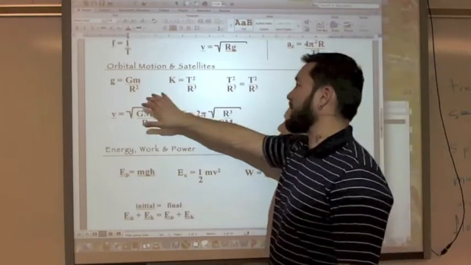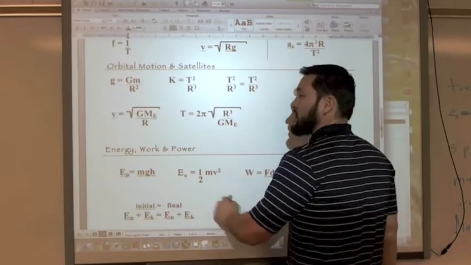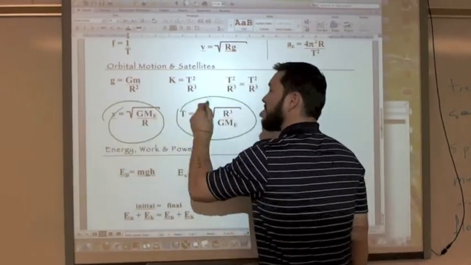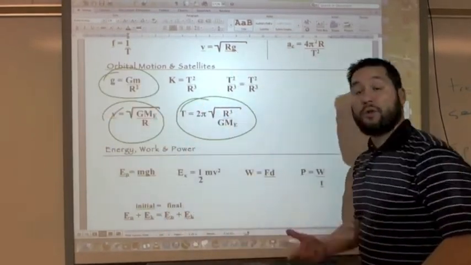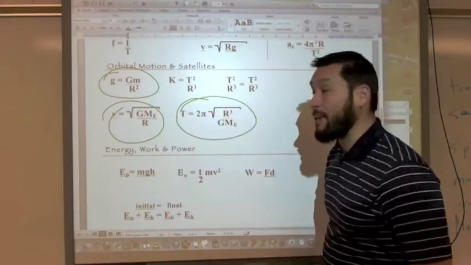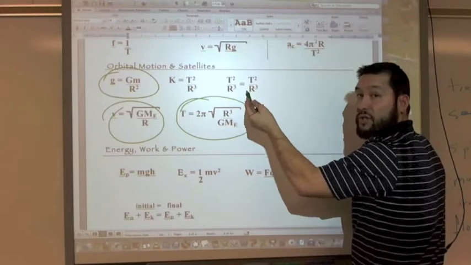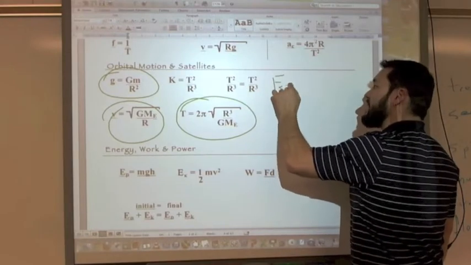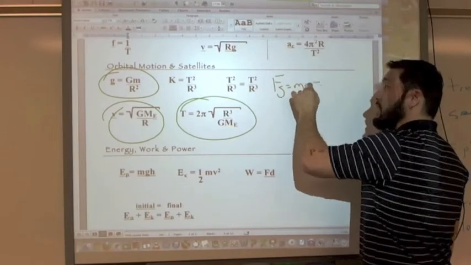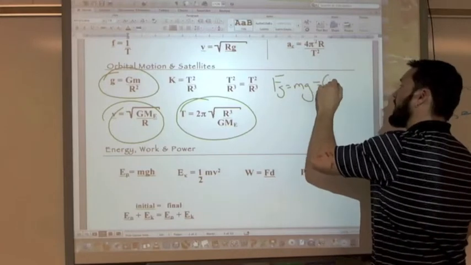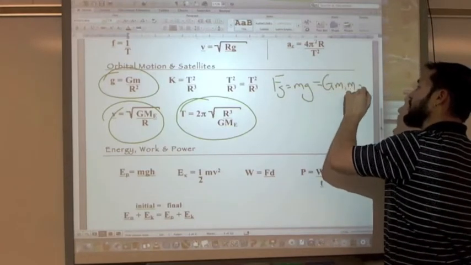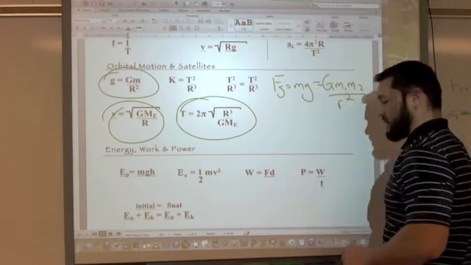If we look at the equations that we're going to work with, which is here, here, and here, those three equations are derived from other ones. So this one in particular is basically saying, what's force of gravity? Force of gravity is mass times gravity. It's also equal to big G m1 m2 over r squared, or d squared.